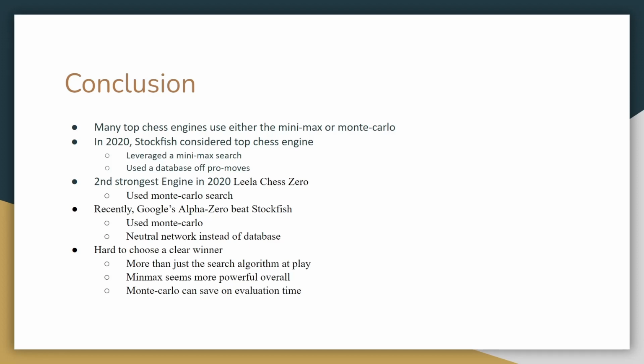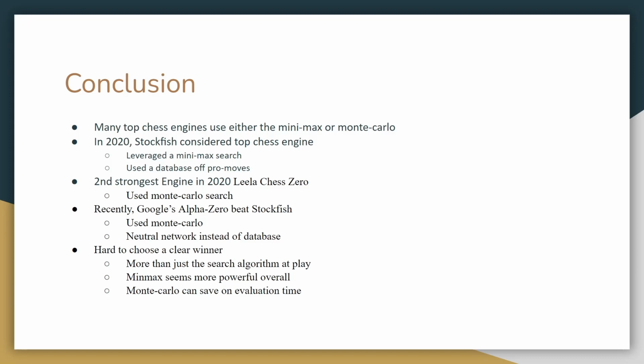Another reason that it's basically impossible for us to select a clear winner just based on the chess engines is that before we even get to use the tree parsing algorithm, the first step is evaluating positions based on their strength. And both of these engines are using a variety of heuristics specific to them. For example, maybe one algorithm values king safety very strongly and the other algorithm doesn't.